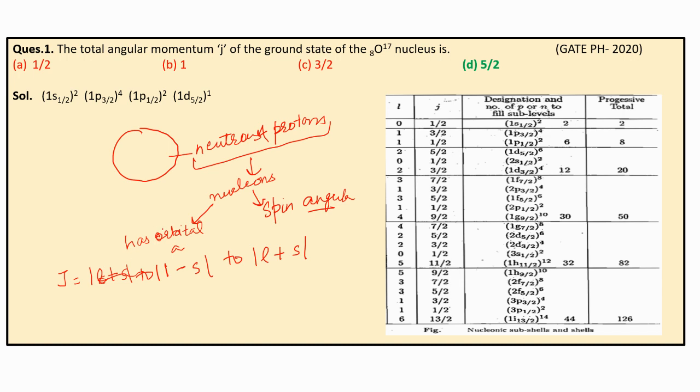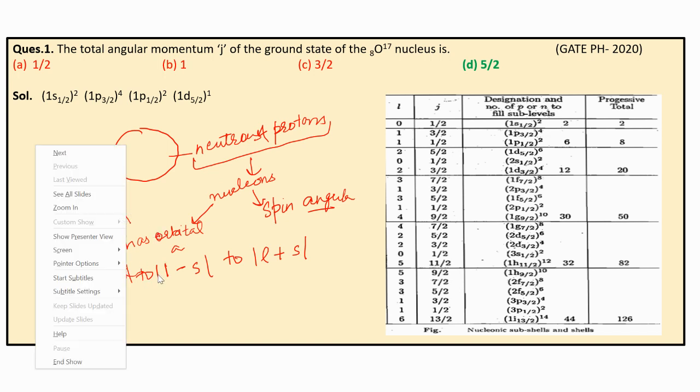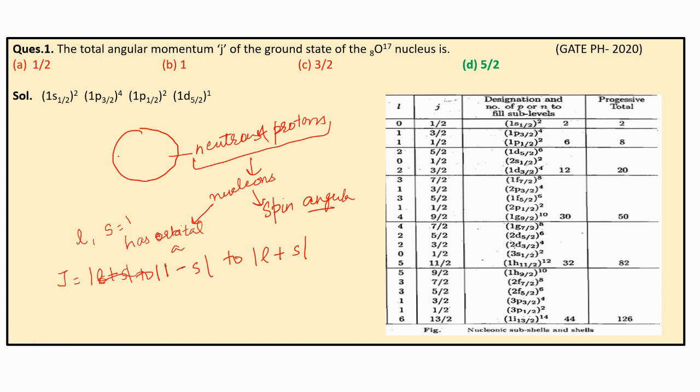Suppose this oxygen nuclei has orbital angular momentum of L and spin angular momentum of S. This proton and neutron are fermions. So you know the fermions are half integral spin particles, right?